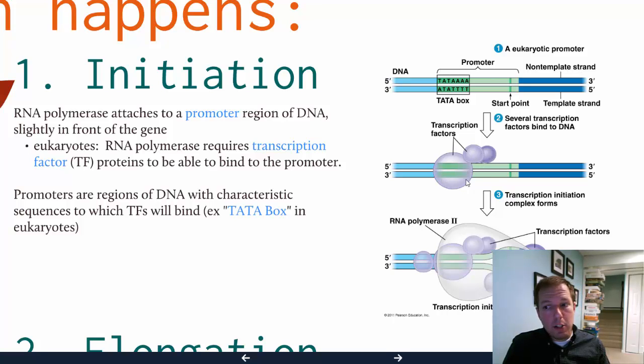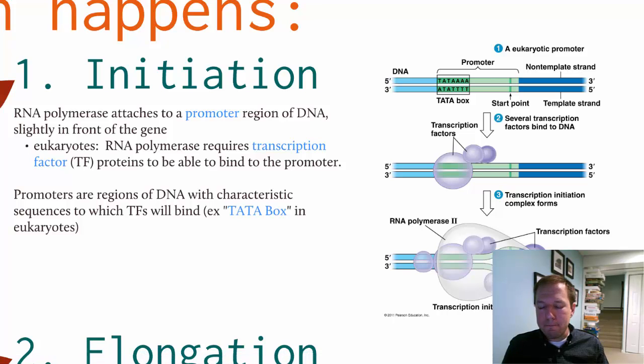Once those transcription factor proteins are bound to that set of DNA, that's going to recruit other proteins, including the RNA polymerase molecule, which are then going to form what's called the transcription initiation complex. In other words, there's going to be a big collection of many proteins that are going to work together to be able to transcribe this particular gene.